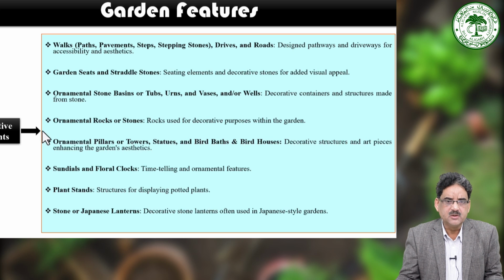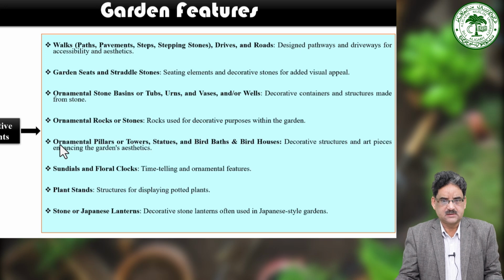It also includes the ornamental rocks or stones, ornamental pillars or towers, statues, and bird baths and bird houses. Then there are sundials and floral clocks, plant stands, stone or Japanese lanterns.